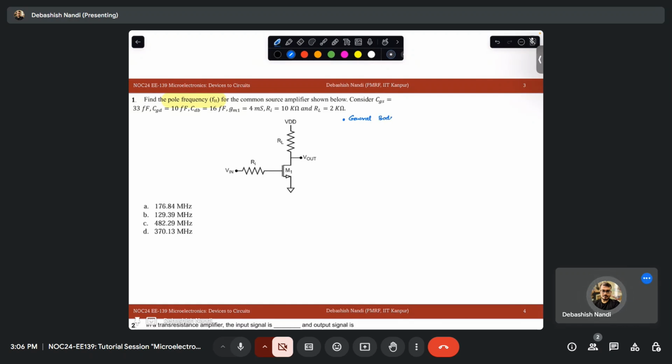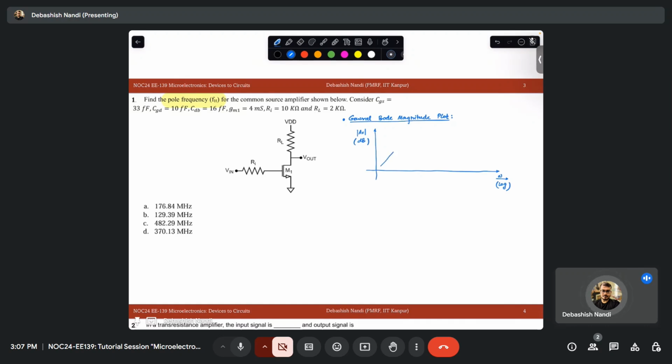Bode magnitude plot will be something like this. So this is your voltage gain, let's say. This is in your dB scale and this is your omega in log scale.